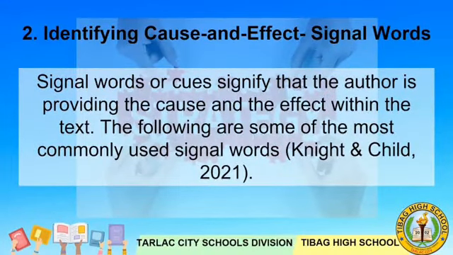Let us now proceed to strategy number 2, which is identifying cause and effect using the signal words. Signal words are cues signifying that the author is providing the cause and the effect within the text. The following are the most commonly used signal words, according to Nightingale 2021.